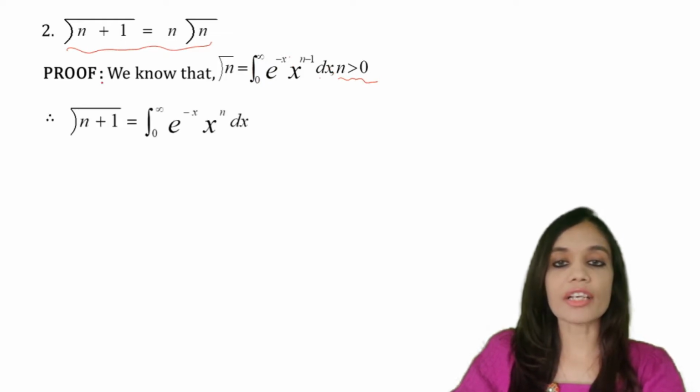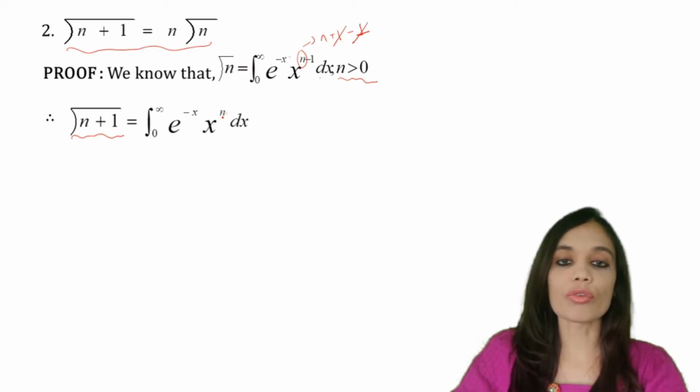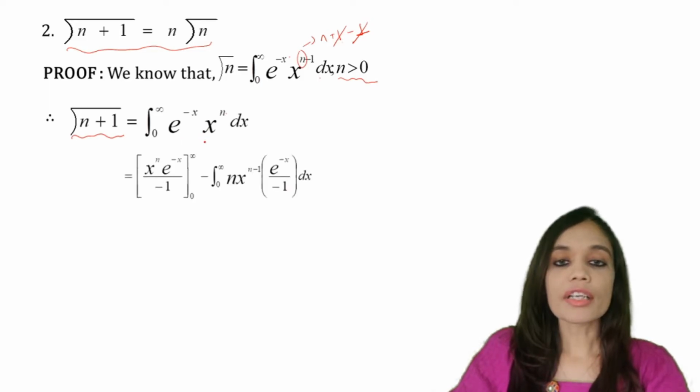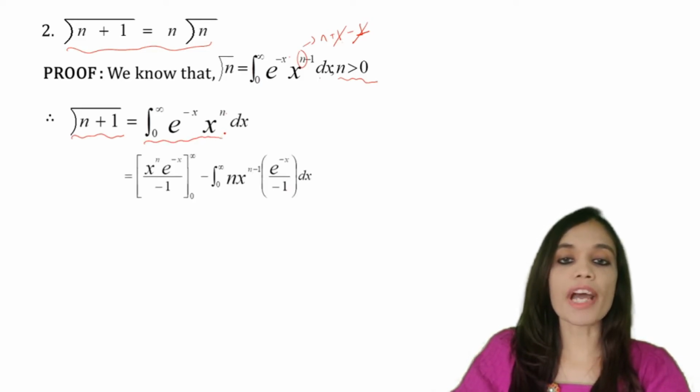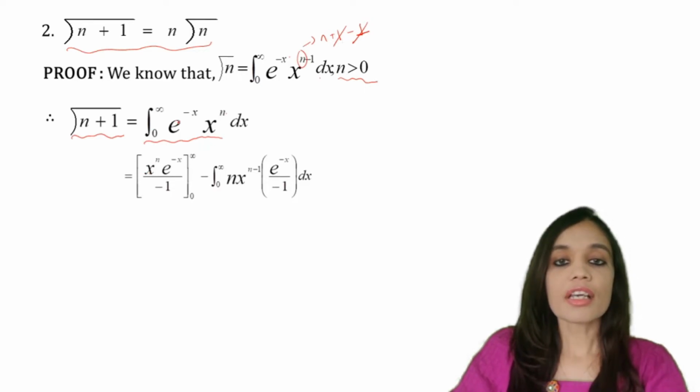Let us start with the LHS, that is gamma n plus 1. In the definition we will replace n by n plus 1, so we get n plus 1 minus 1, and only x raised to n will remain. Now we will integrate this using the integration by parts formula. So x raised to n will remain as it is.